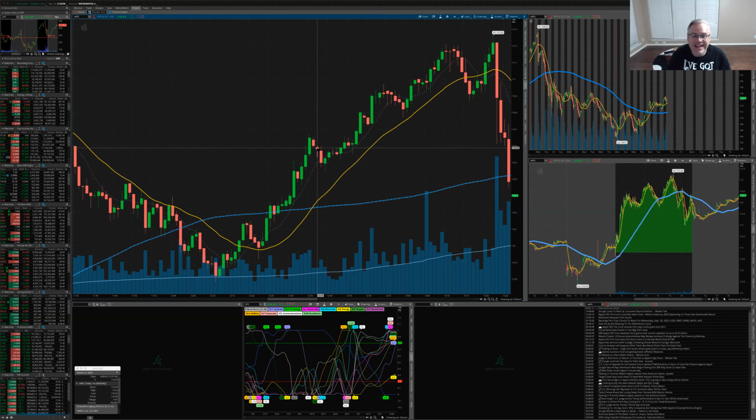But I'm saying like here, this pullback with these two candles, those were big moves. When those are happening and you're in the trade, you're not going to enjoy those two. They look small in the grand scheme of this because you can see it after the fact. But those two candles are fairly strong.